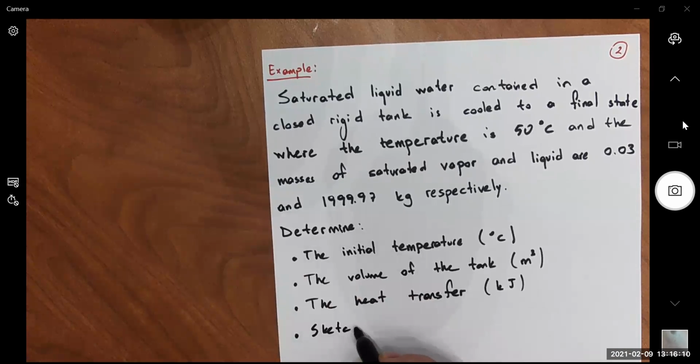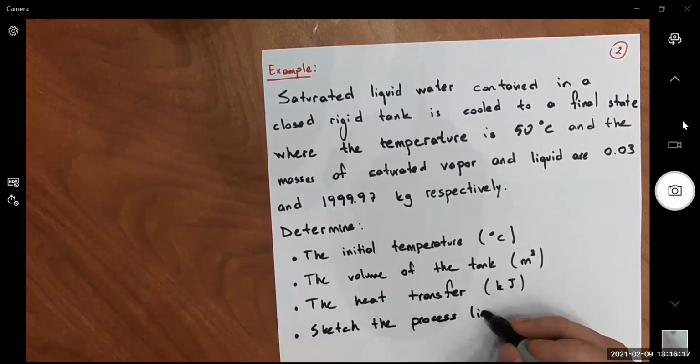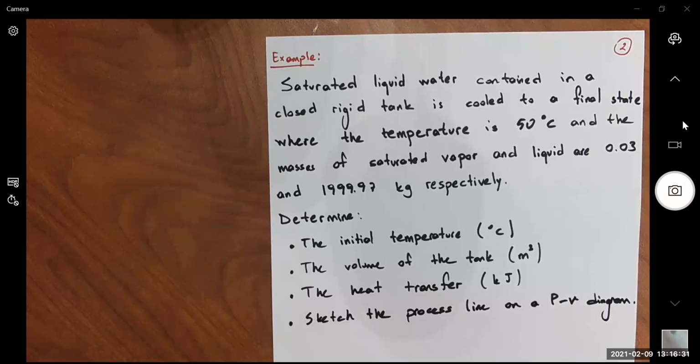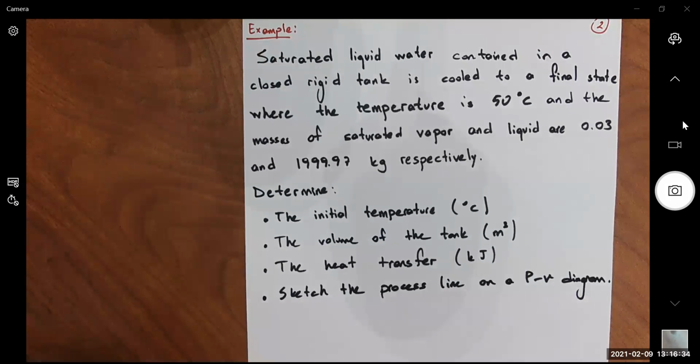Last but not least, sketch the process on a P-v diagram. And it will be done.